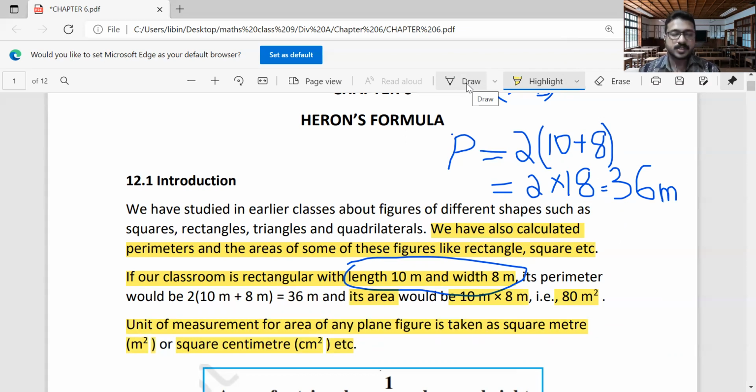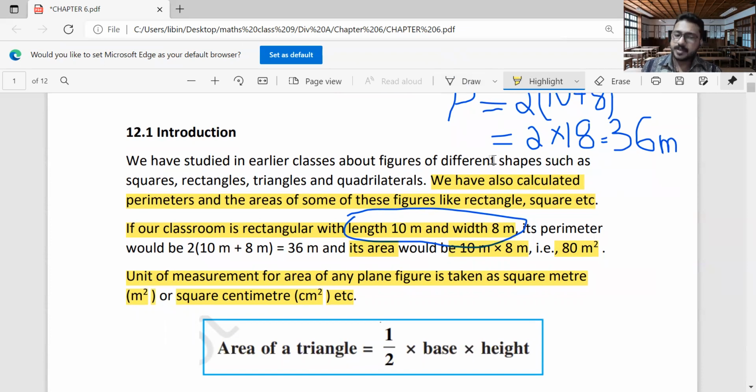Some students wrote only the value, the number, with no unit, and I reduced half a mark for that. So it is very important. That's why again we specify that the unit of measurement for area is meter square or square centimeter.